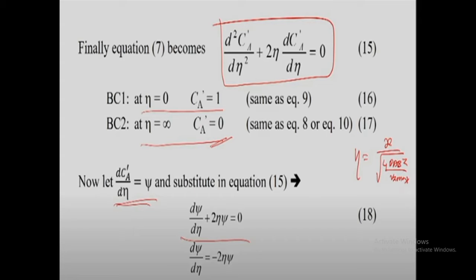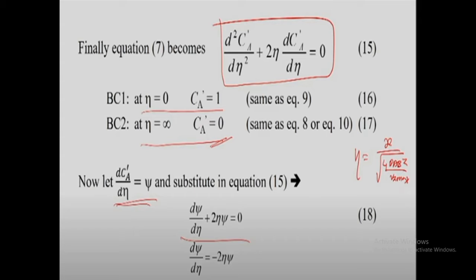Now dCA dash divided by d eta, we are going to assign one variable, that is psi. So for our convenience, to simplify the expression, we introduce psi as dCA dash by d eta. Substituting in equation 15, finally we get d psi by d eta plus 2 eta into psi is equal to 0.